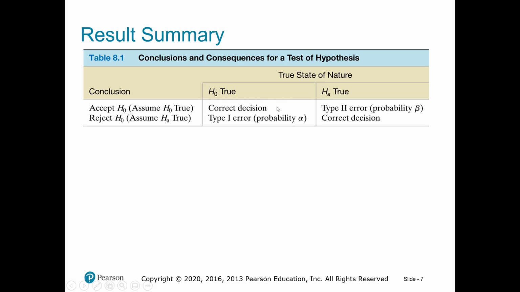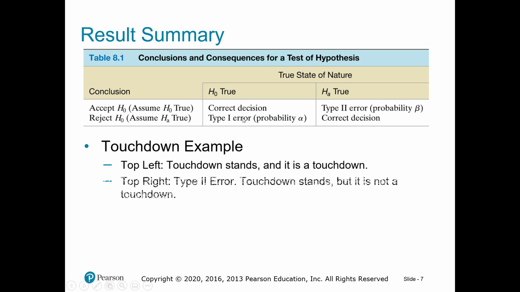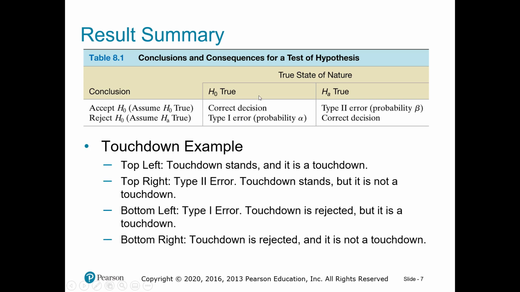Okay, so this introduces another concept: the type 1 and type 2 errors. A type 1 error, which we use in statistics to determine the strength of our test, is our proportion.